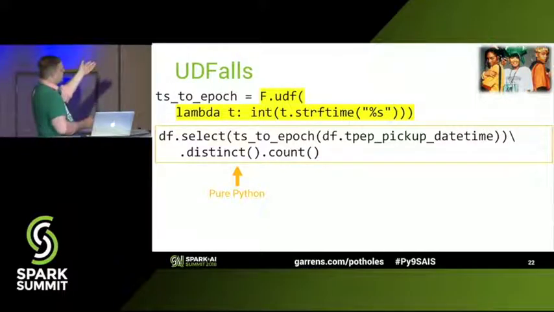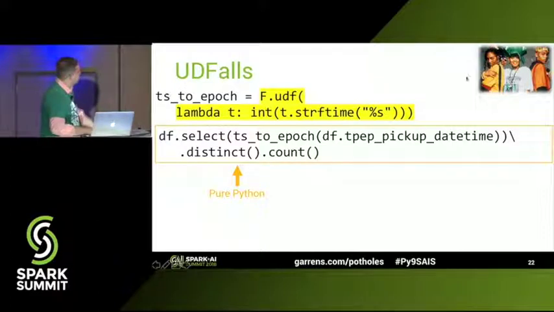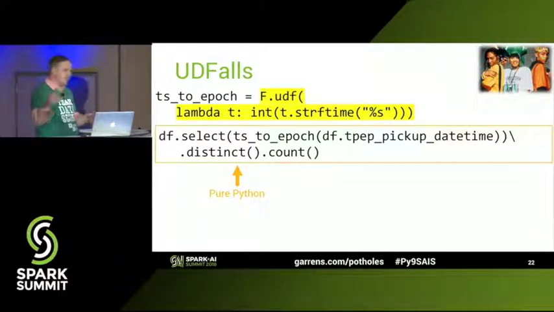And so you create this UDF that is going to take in the value t. It's going to do string format time. So what you're doing here is taking in a timestamp that's in year, month, day, hour, minute, second, and it's going to convert it into epoch seconds.